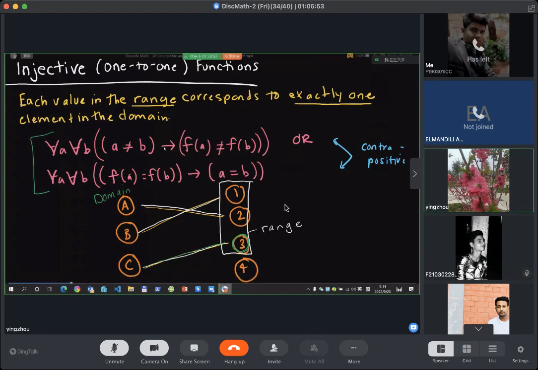So how to describe this one-to-one? Also using a logical expression. That means for all a and b, if f(a) equals f(b), then a equals b. The other direction means that if a is not equal to b, then their images are not equal. So it becomes the contrapositive.